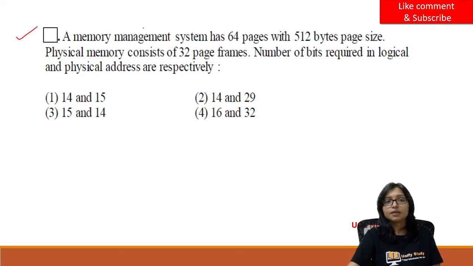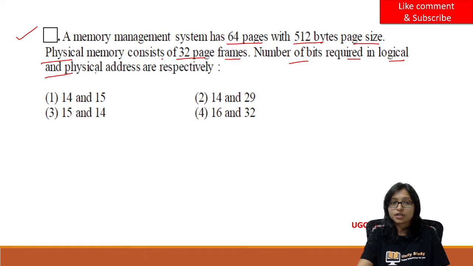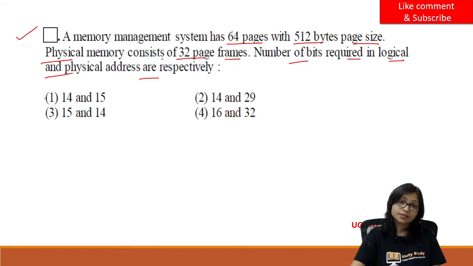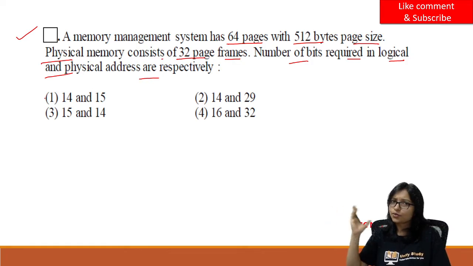So here, in a main memory management system, 64 pages are there and the page size is 512 bytes. Physical memory consists of 32 frames. Find the number of bits required for the logical address and physical address. Easy, you can do it very easily.